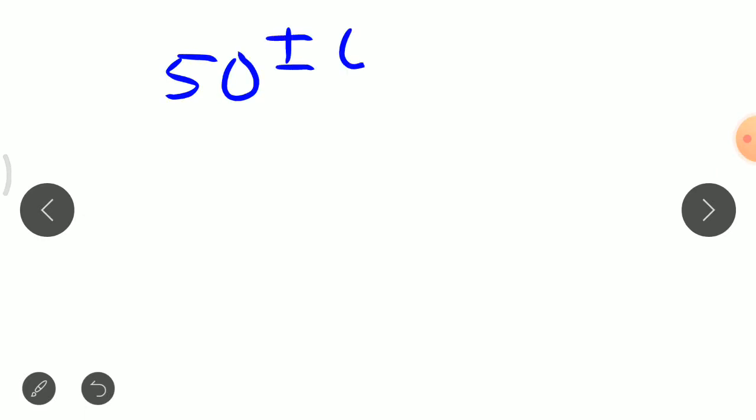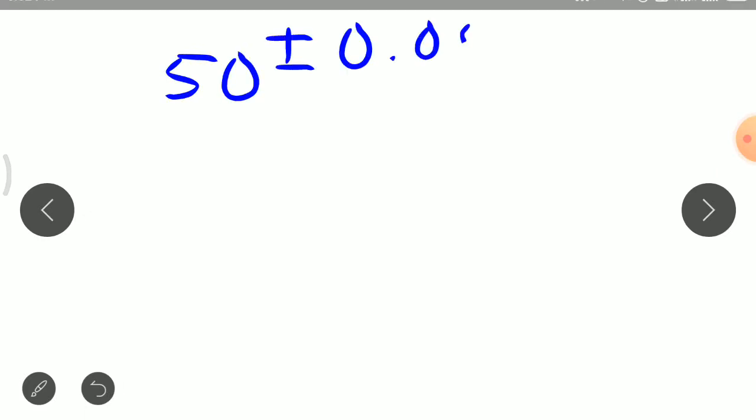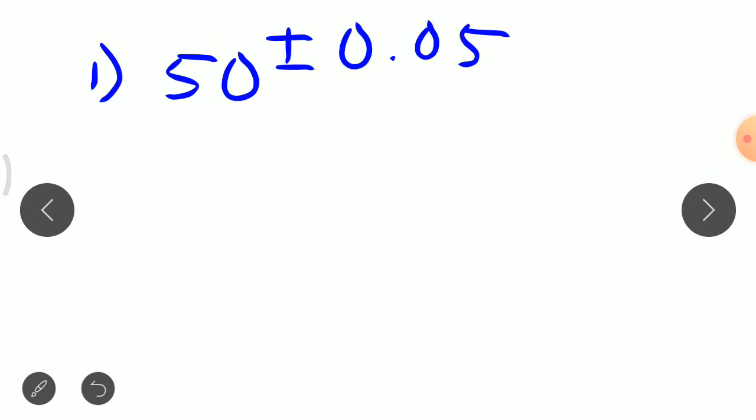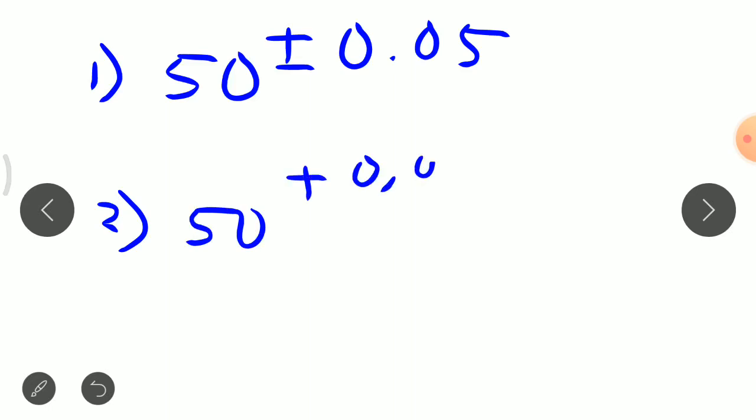Now we will take 3 examples to understand the concept of unilateral and bilateral tolerance zone. The first example is 50 plus or minus 0.05 mm. The second example has the same basic size, 50 plus 0.03 mm.